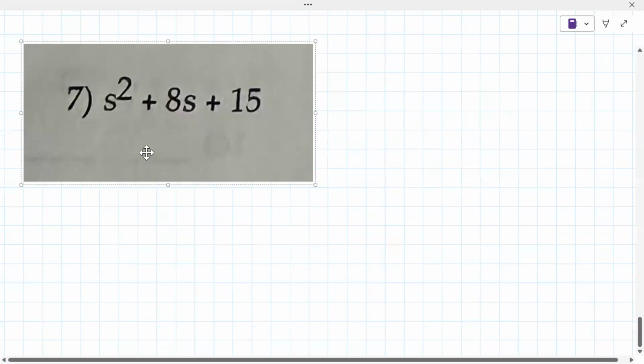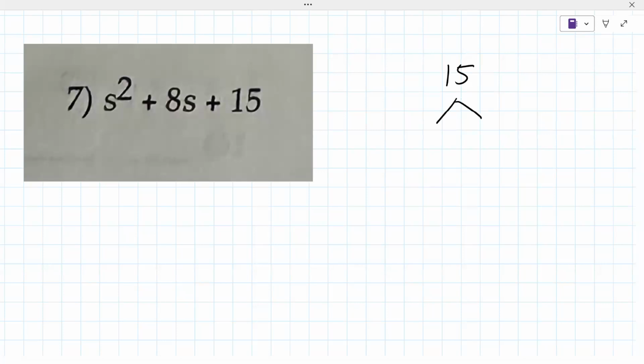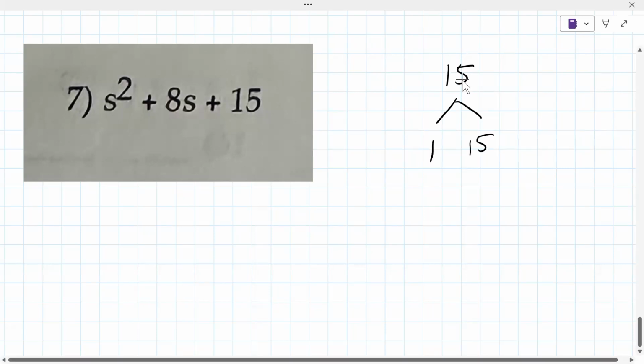That one is actually the easiest. Can you tell me two numbers that multiply to 15? 3 and 5. Okay, I'm going to write the other ones. Do any of these add up to 8?